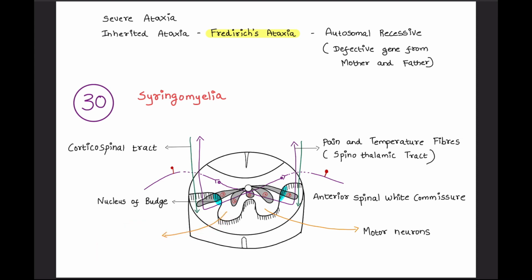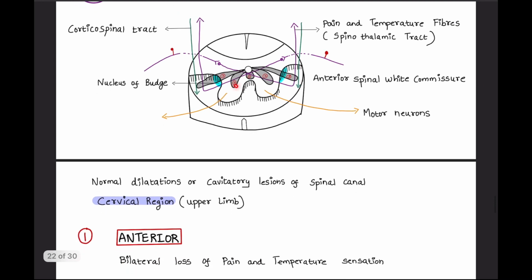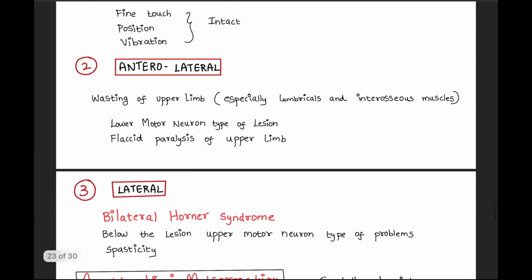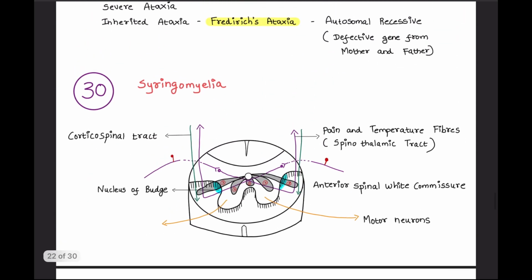So in this segment of the spinal cord, the patient will have lower motor neuron type of problems in the upper limb, that is flaccid paralysis. Then if the dilatations move on the lateral side, please note that the dilatations of the spinal cord go in a symmetrical manner, like this.